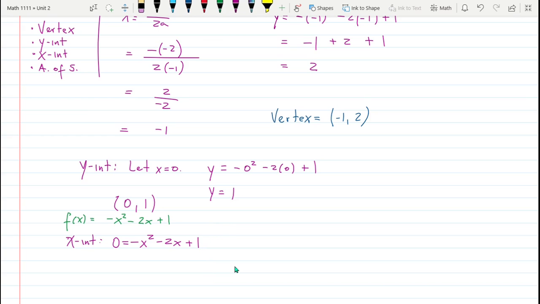So we'll have x equals negative b, which will be negative 2, plus or minus the square root of b squared, so negative 2 squared, minus 4 times a times c, and all of that is divided by 2 times a.